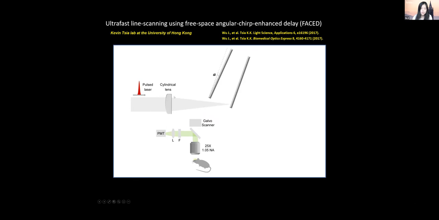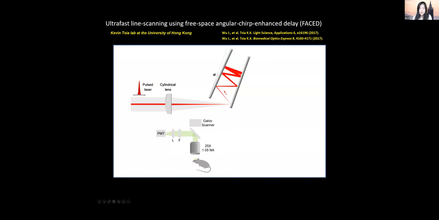The FACED module is a passive optical module made of a cylindrical lens and a pair of mirrors that are almost parallel except for a very small angle alpha. The cylindrical lens focuses down the excitation beam and sends it into this pair of mirrors. Now, if we look at this red beamlet, once it goes into the mirror, it will be reflected upon these two surfaces.